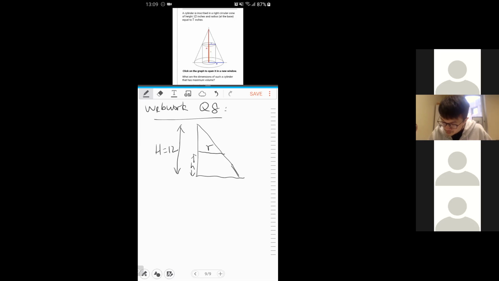The capital R, which is the radius of the cone, given in the question, is 7. Does everyone see how I got this triangle? Okay. And so this is 12. This is h. That makes this one right here 12 minus h.